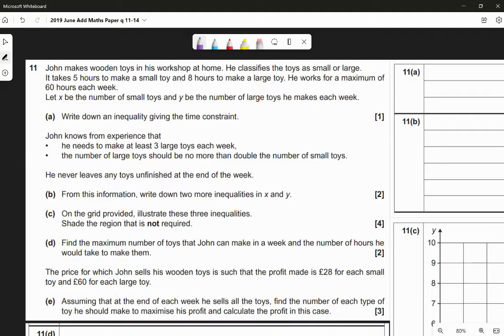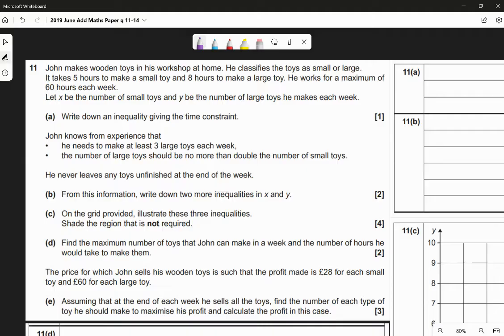So write down an inequality giving the time constraint. Well, I know that he can work for a maximum of 60 hours. Some people might think, just put down work less than or equal to 60. But no, they're talking about an inequality involving the variables that you are given, so involving x and y.